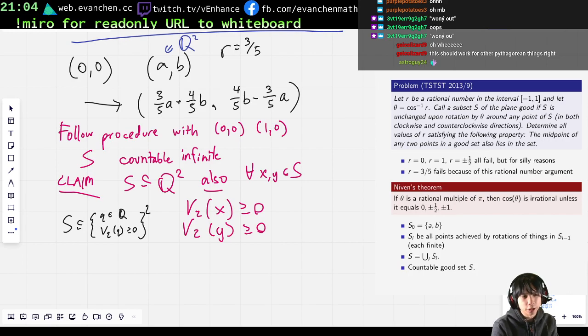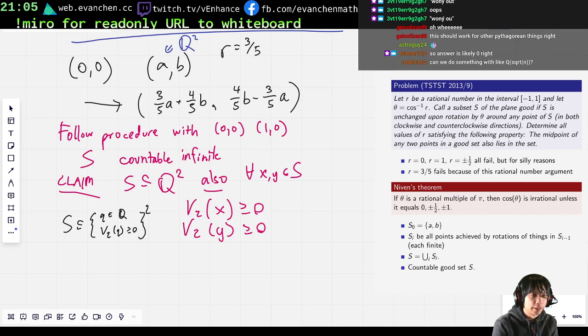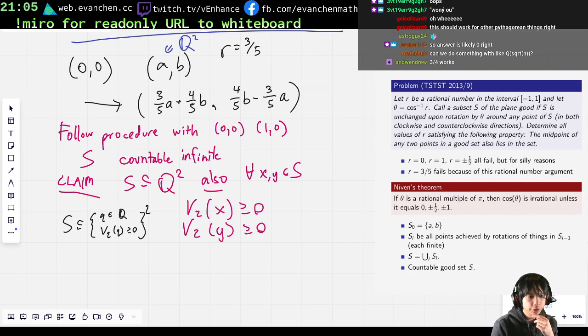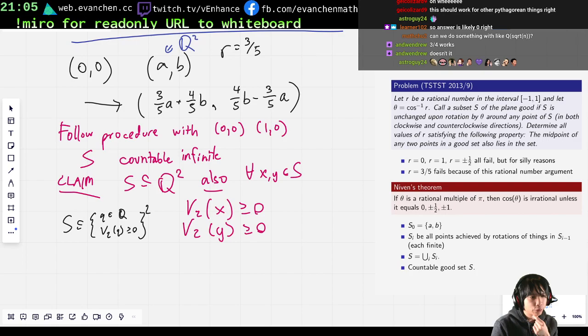This will work for any other Pythagorean triple. That is correct. For every Pythagorean triple, the answer is likely 0, right? Yeah, I had the same thought. I think it should work for non-Pythagorean triples too. 3/4 works. Yeah, I bet it has to do with the parity of the denominator. I suspect that's what's going to end up happening.